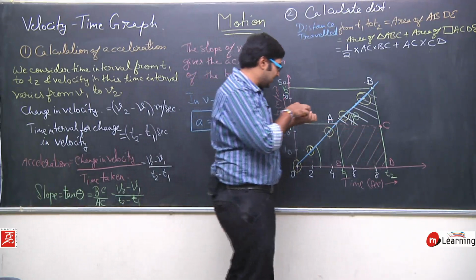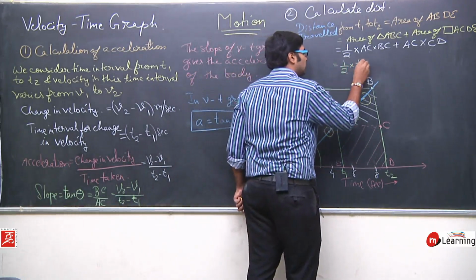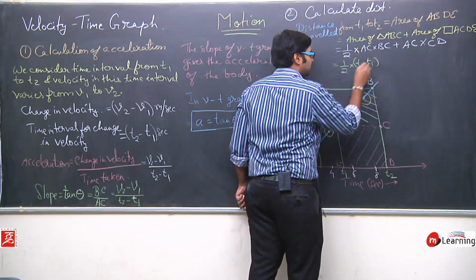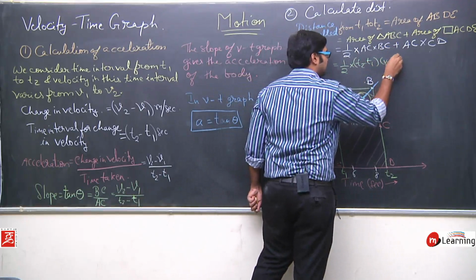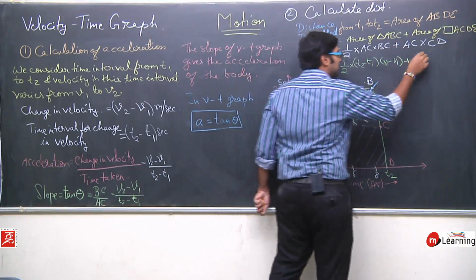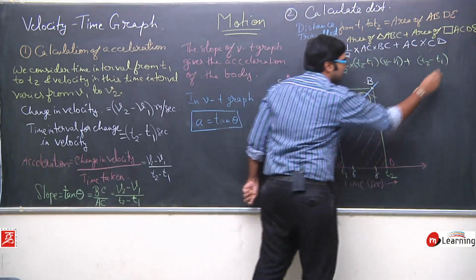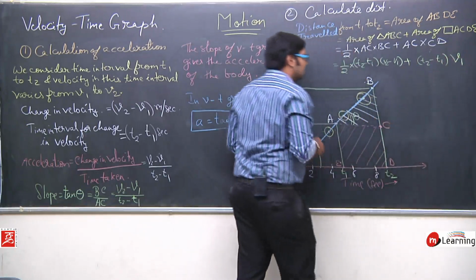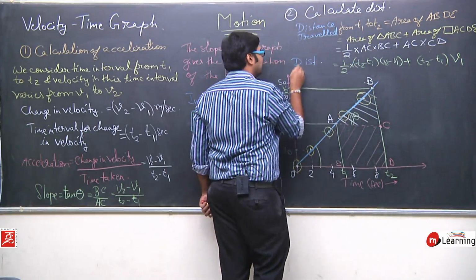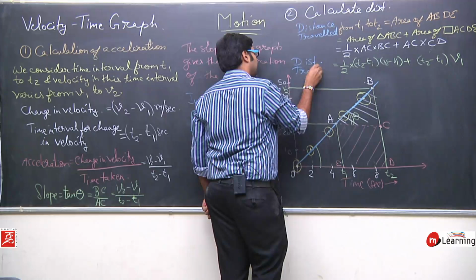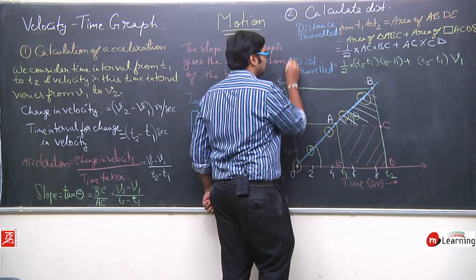So the distance travelled will become half into AC, that is T2 minus T1, into BC, that is V2 minus V1, plus T2 minus T1 into CD, that is V1. So this is the distance travelled.